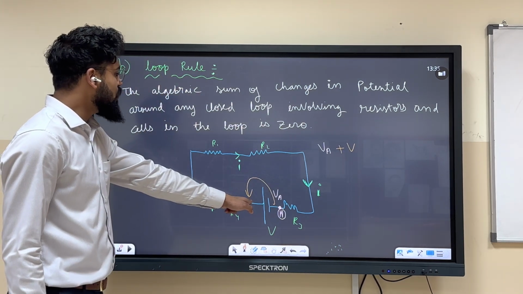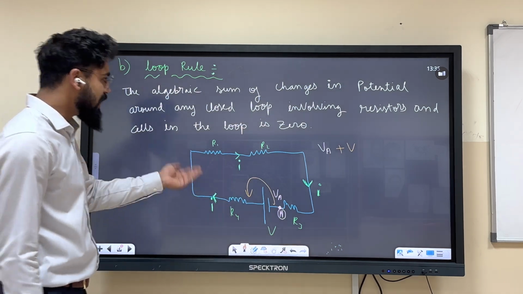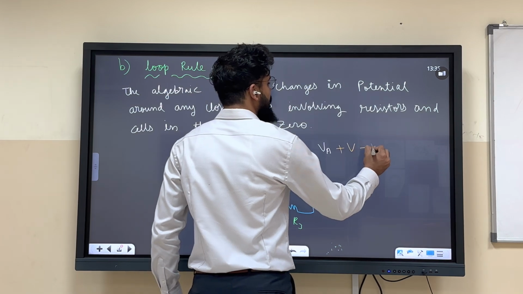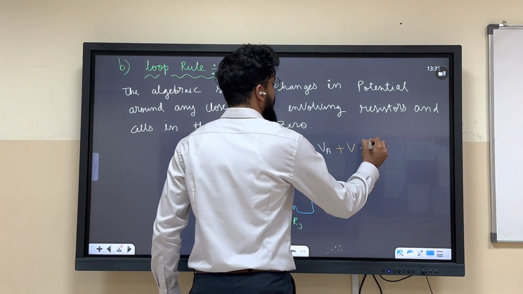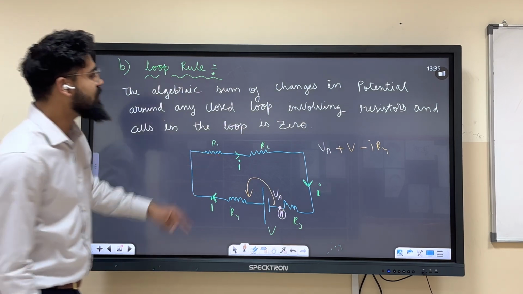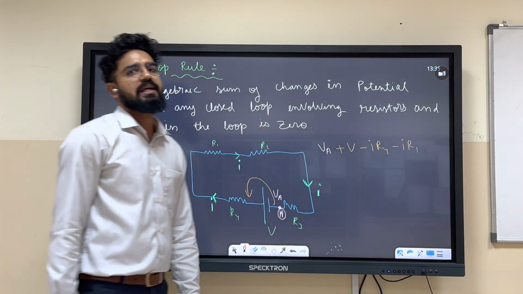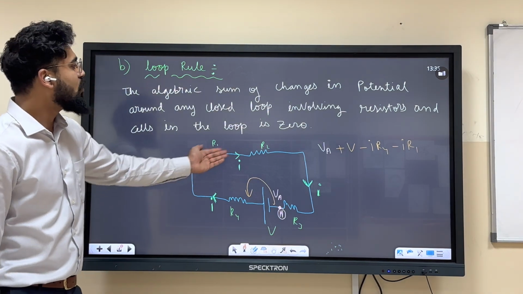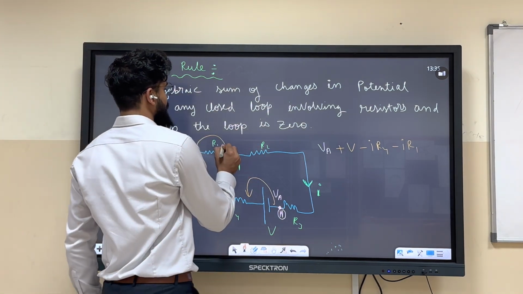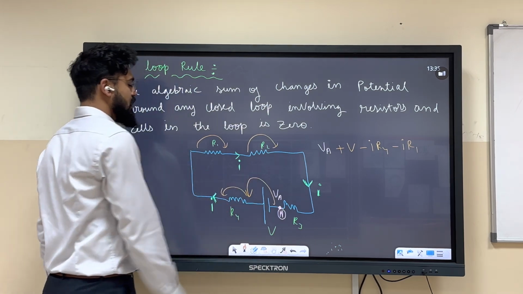Now when we are moving through this line, R4, should the potential increase or decrease? It should decrease, by how much? Minus I R4. Now when we are moving through R1, the potential should decrease by a factor of IR, so negative I R1.